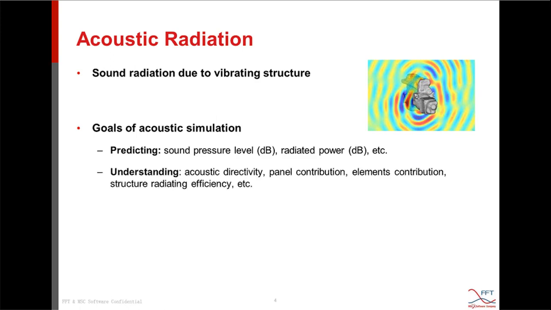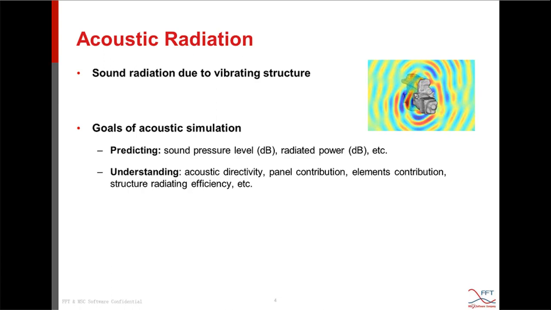And moreover, we would like to understand better the physics behind that. This is the strength of simulation software, that it helps you understand the physics. For example, we want to calculate not only results at several points, but also get a whole picture of the acoustic directivity or color map surrounding the structure.